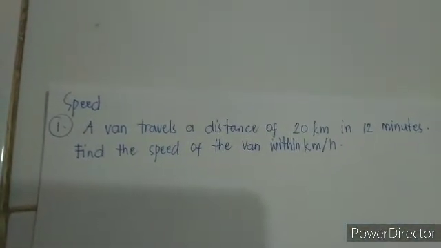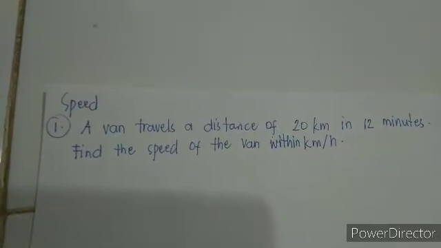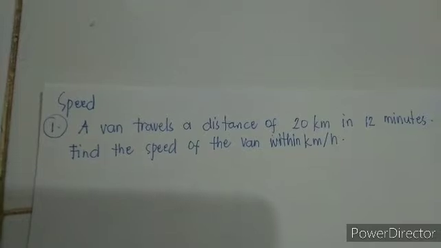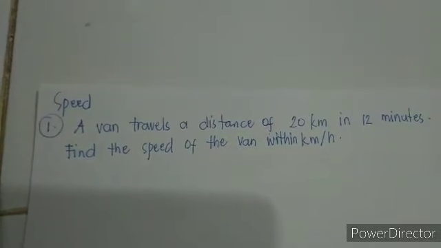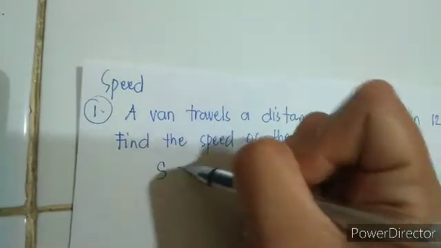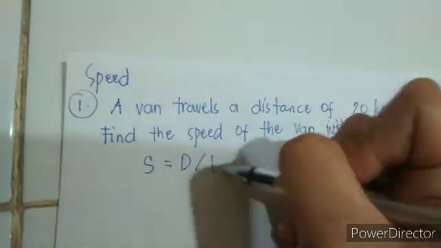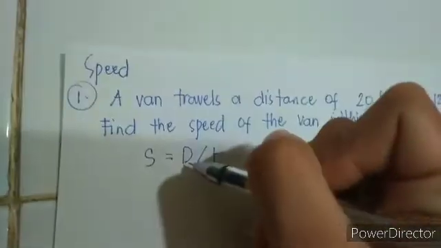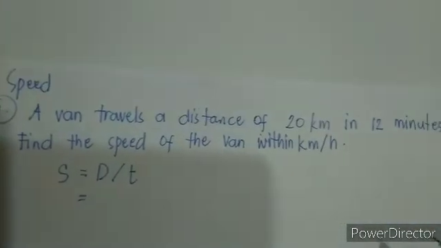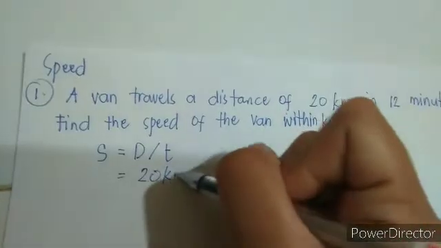So problem number 1, a van travels a distance of 20 kilometers in 12 minutes. Find the speed of the van in kilometers per hour. So the formula of the speed is S is equal to d divided by time. So d here is distance. The given distance is 20 kilometers.